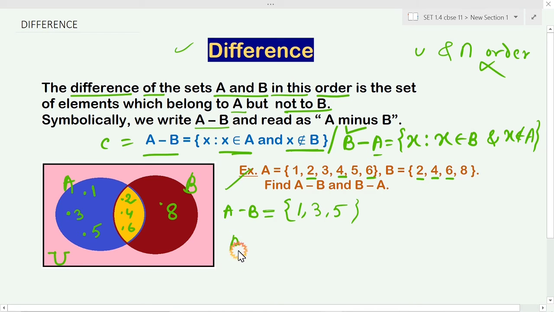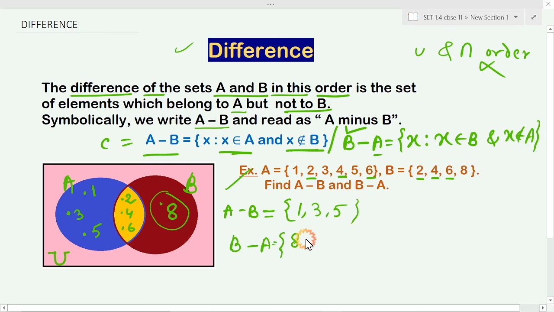Now B minus A. So we write B first. So B minus A is the set which contains the elements of only B. That is, which elements belong to the brown region of B, that is 8.